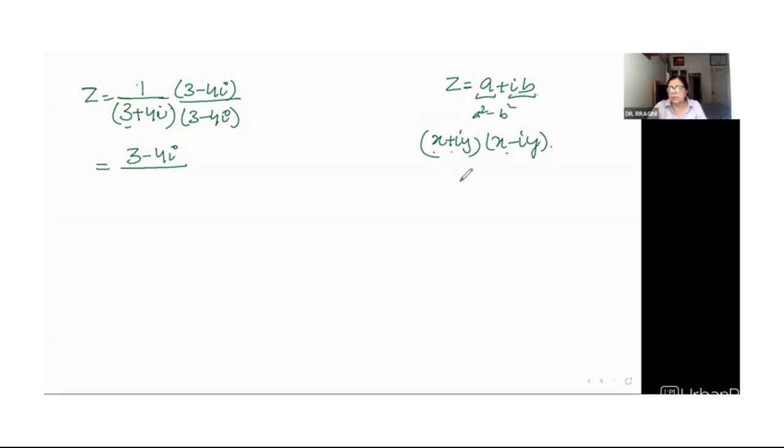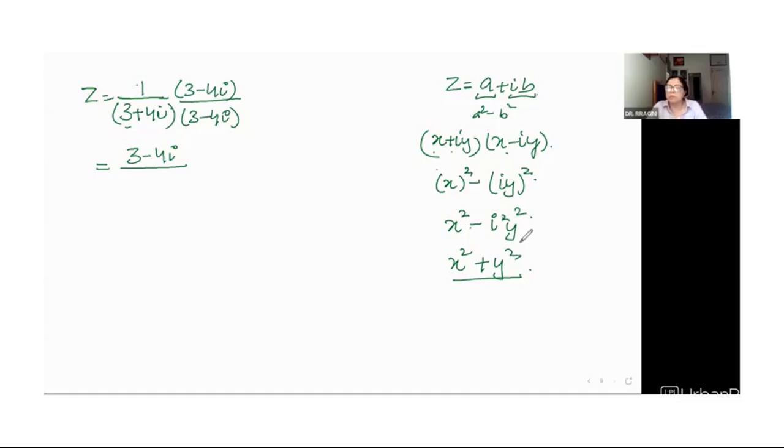So what is a here? x square, right? This is x square minus iota square y square. And we had learned that iota square value is minus 1. Minus 1 multiplied by this minus becomes plus, right? So this is the purpose.